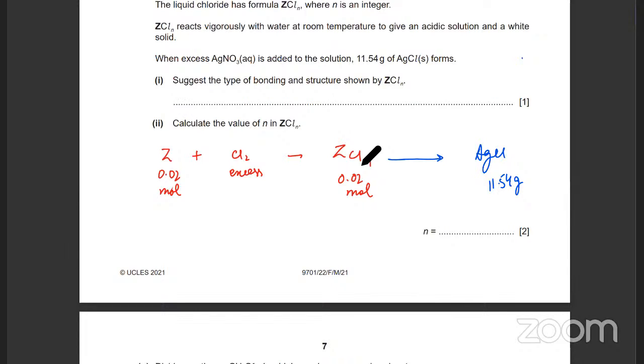So first thing is, how many moles of AgCl do you have? The first thing is you'll find the moles, which is mass divided by the Mr. What is silver? That's 108, I guess.